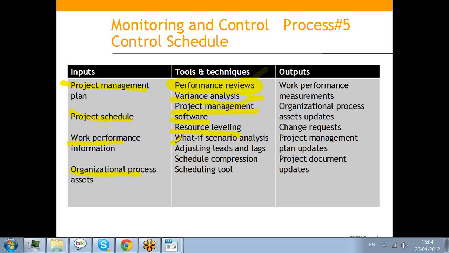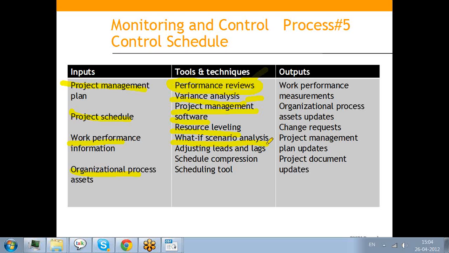And what-if scenario analysis: instead of a particular raw material, if I use a substitute raw material, what will happen to the cost and what will happen to the quality? Or for an activity, instead of completing it in the normal time, if I put more resources into it and crash it, what will be the schedule advantage and what will be the additional cost burden?